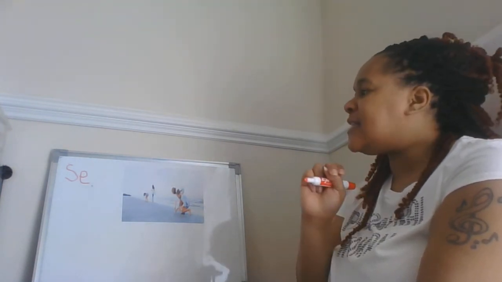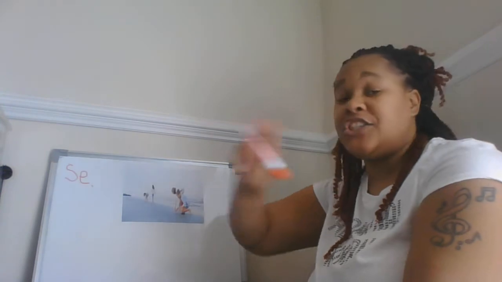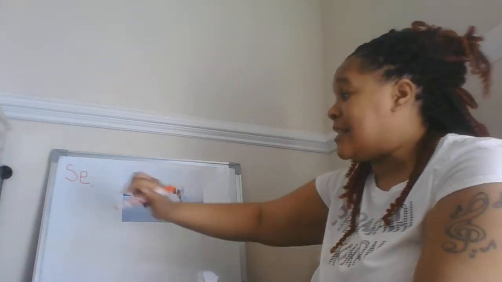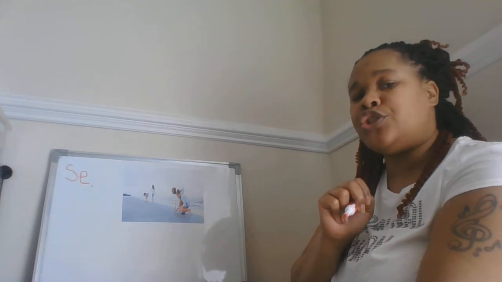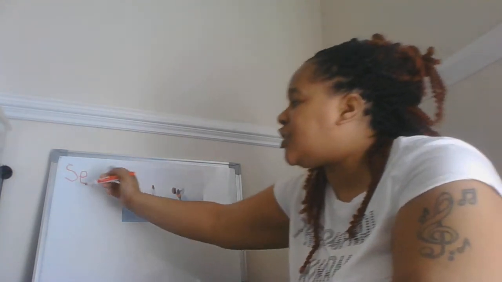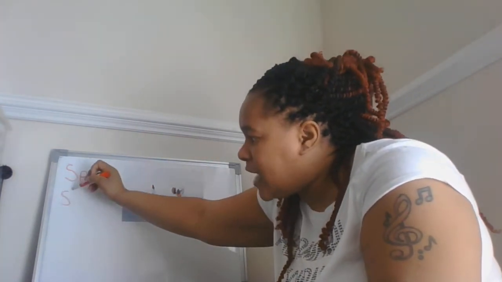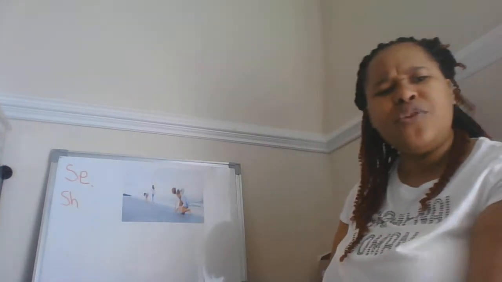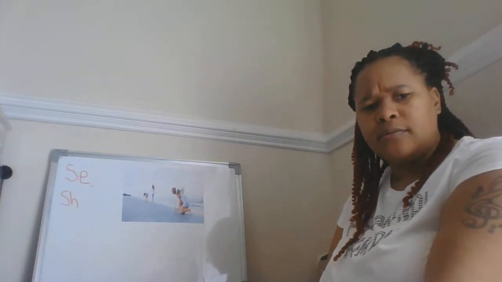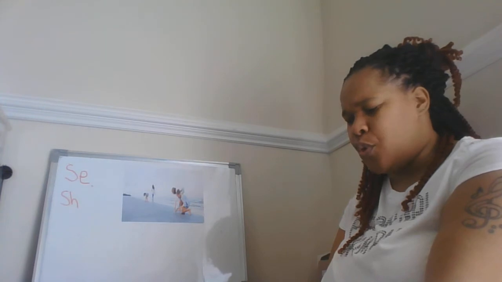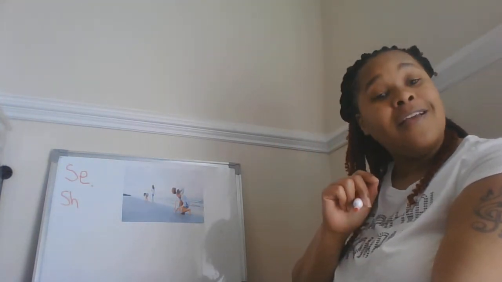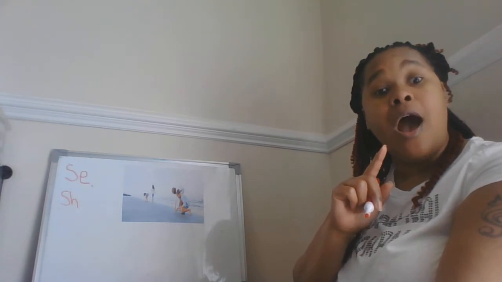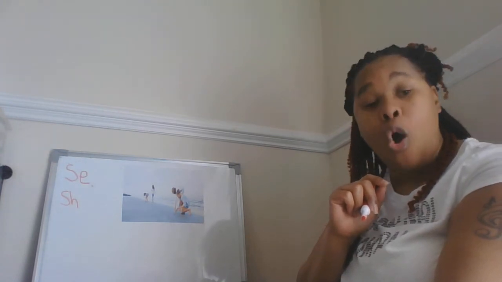Shore. Sea shore. Actually, it's two words. This is sea. Shore is the other word. So shore. SH makes the sound. So we give you that. What sound do you hear at the end? Or. What makes the sound? Shore. Sh. Oh. You hear what sound? Sh. What makes the sh? Or.